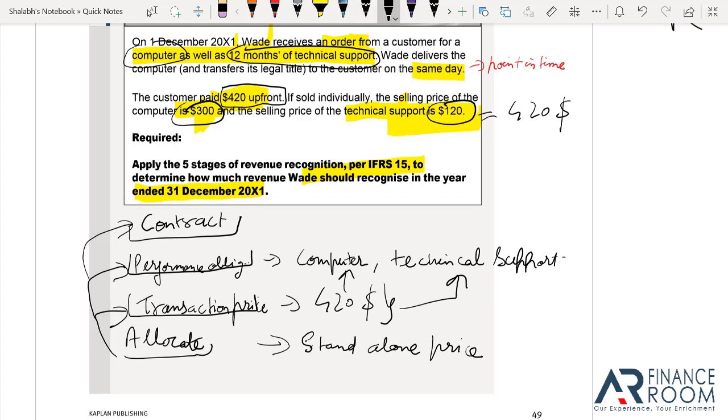But more often than not in the real world, see, this is an example for the sake of developing understanding. More often than not, if you buy two things together, you are bound to get a discount, right? So in a practical world, the total of standalone price will of course be much more than the bundled service and goods, right?